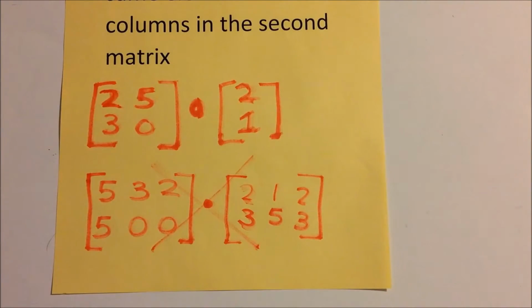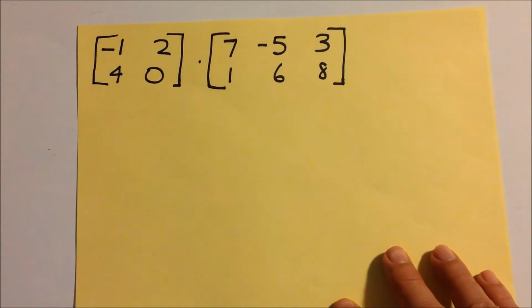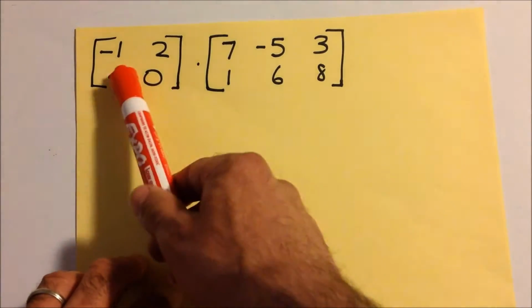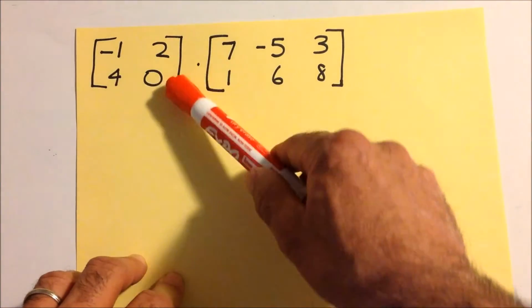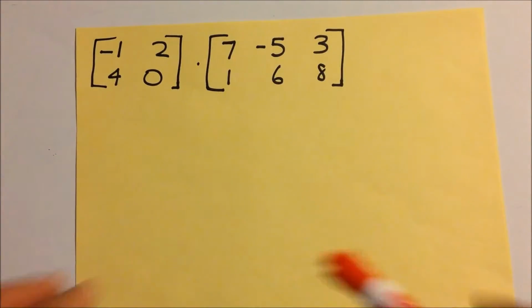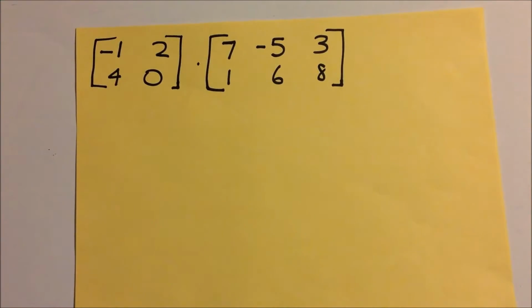So let's do an example. Here we have a 2 by 2 matrix, and we're going to multiply it by a 2 by 3 matrix. 2 rows, 2 columns, 2 rows, 3 columns. Now, why can we multiply this?